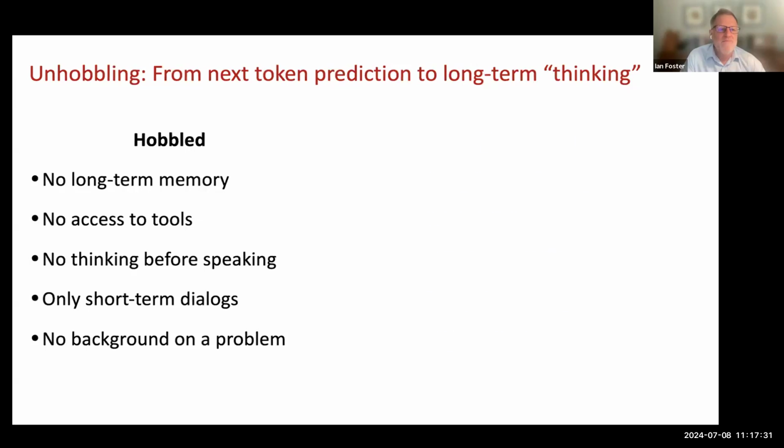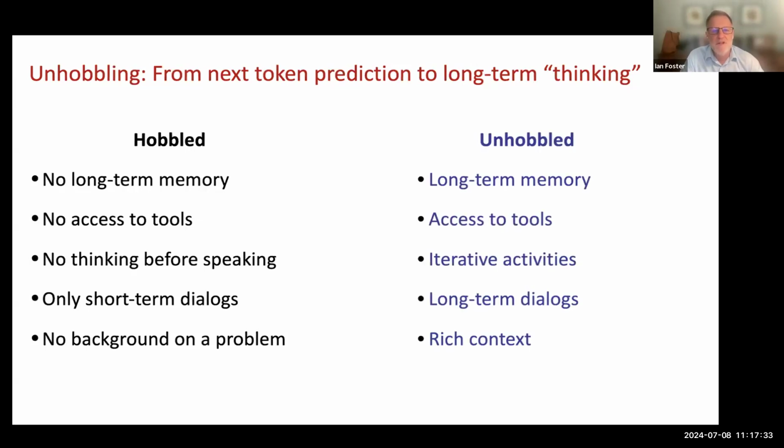Some of the things people are doing include building long-term memory into large language models or foundation models, so they can refer to the results of previous queries, and giving them access to tools, so that instead of trying to use next token prediction to work out how to multiply numbers, they instead call a calculator.